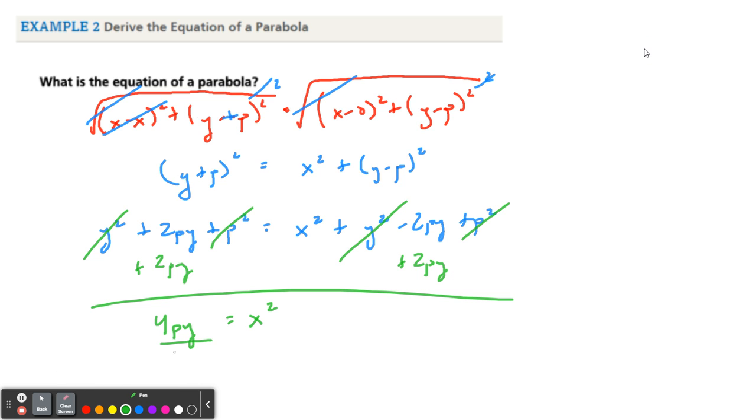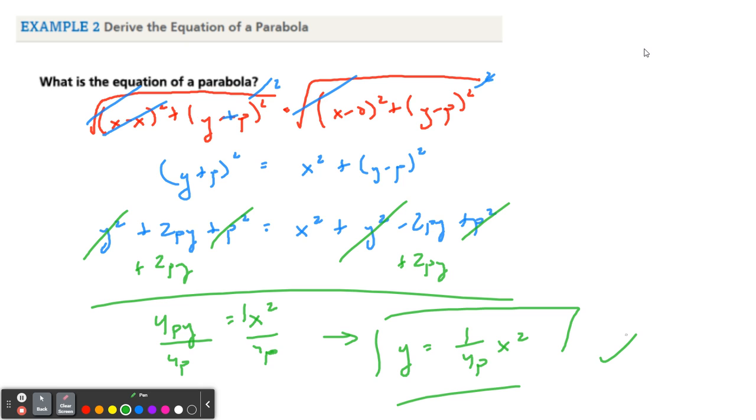Now I want to solve this for y, so I'm going to divide by 4p. There is a 1 up there with the x, so to make this look pretty, I'm going to say y equals 1 over 4p times x squared. And this is our generic formula for a parabola, given that the vertex is 0, 0 at the origin.